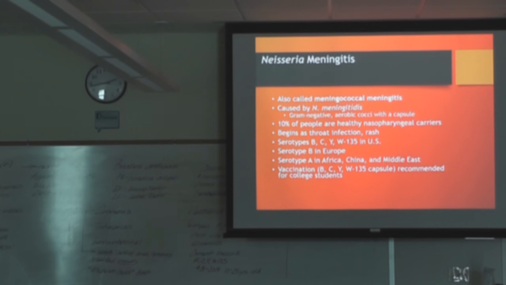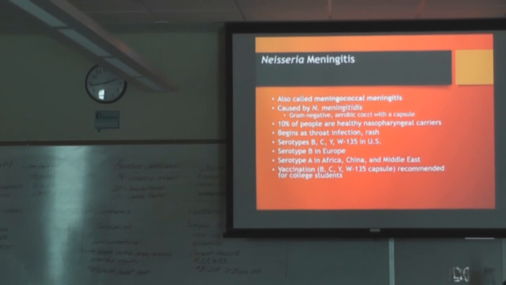Okay, meningitis. This slide is just a hot mess, so use what I put up on the board. Remember that it can be in the upper respiratory tract of people, but A, B, C, Y, and W135 are most often associated with epidemics.